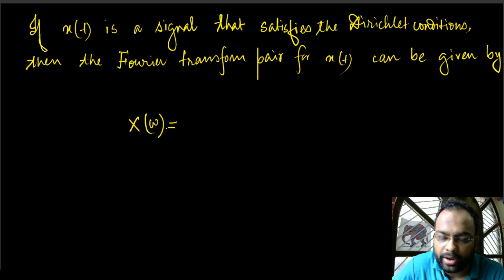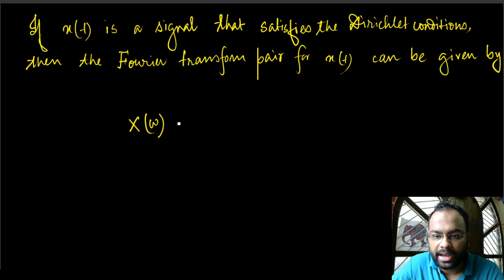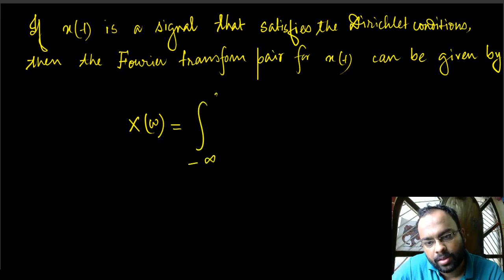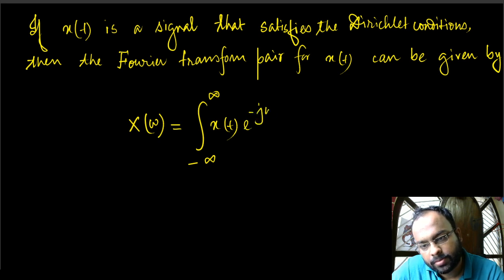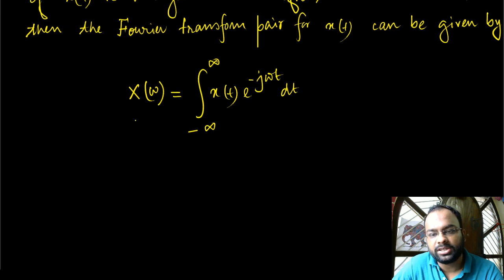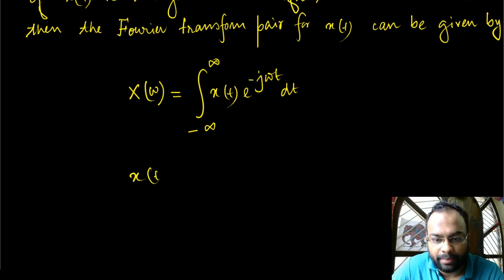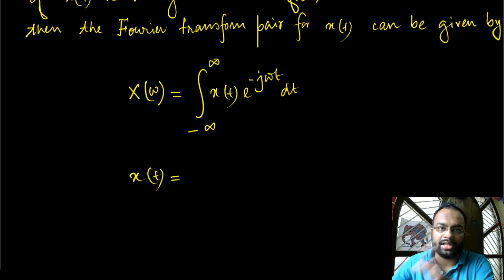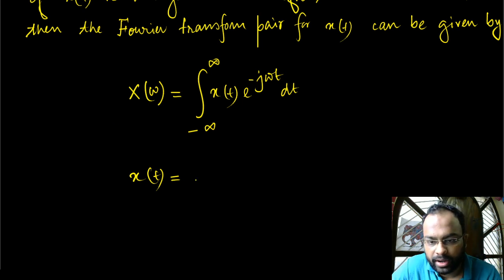So this is like calculating the Fourier coefficients. Again, we discussed this in the last class. And this is the inverse Fourier transform that gets you the signal back. This was like the original summation in the Fourier series, and this was like calculating the Fourier coefficients.